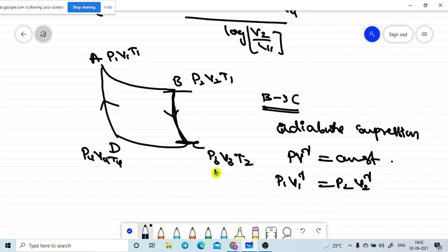But please look at this: we need to get the relation in V terms, and I am also concentrating on the T terms.